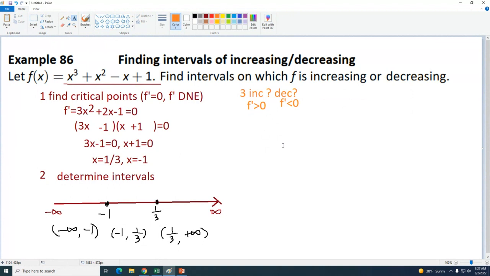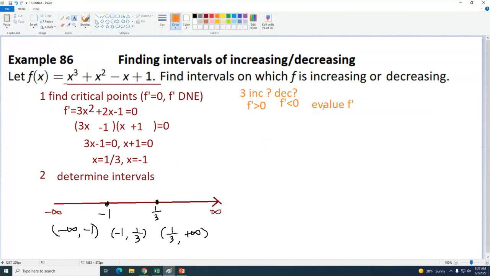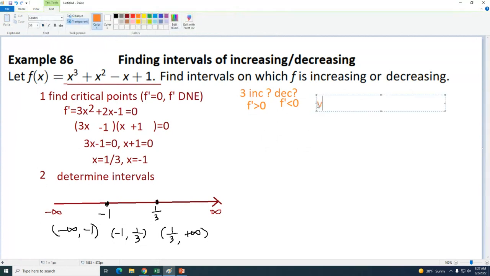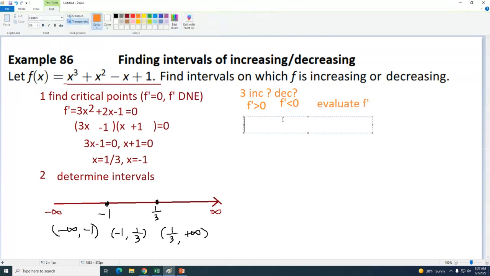Remember this time, we are not evaluating the y value. We're evaluating the derivative, the y prime. All right, so we're going to evaluate f prime this time, since f prime being positive or negative is going to tell us whether it's increasing or decreasing. All right, so here we're going to look at each interval.